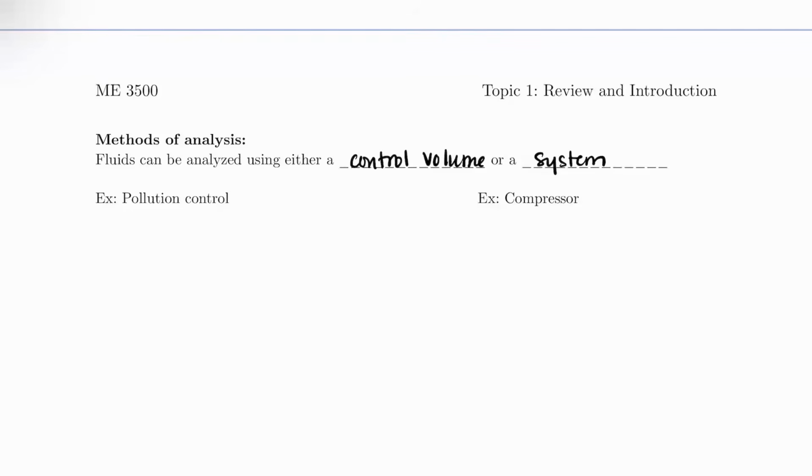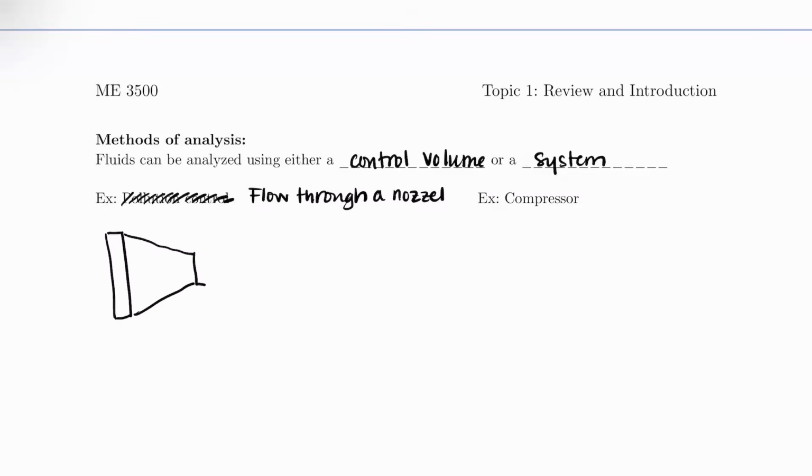open systems use control volumes, closed systems use control masses. So for example, if we want to do flow through a nozzle, you can think of a garden hose, and we have an inlet and an outlet.